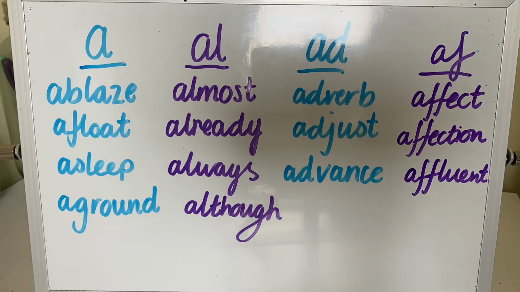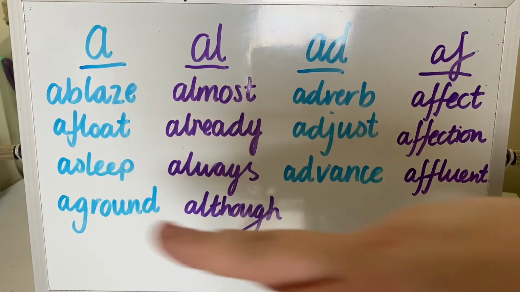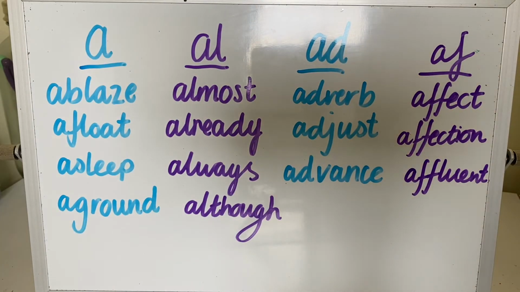So I'm just going to read through our keywords for this week. You've maybe already had a read through them, but just to check that you're reading them properly. So with the a prefix in the first list here, we have ablaze, afloat, asleep, and aground.